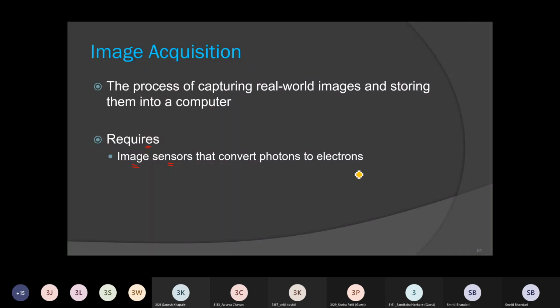So we are talking about the image sensor. An image sensor typically is a two-dimensional array of light sensitive elements, right?